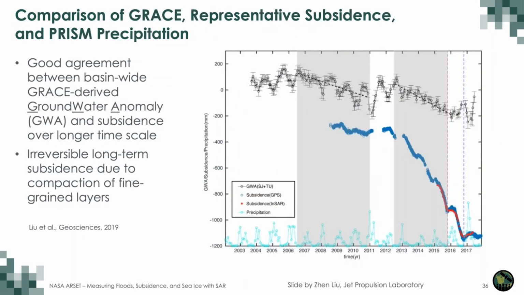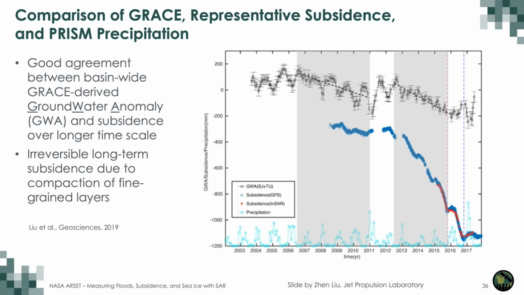And this is also a comparison with precipitation, here in the cyan colors at the bottom. We can see this big impulse of higher precipitation in 2017, at the end of that particular drought.